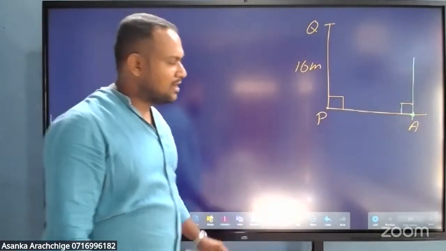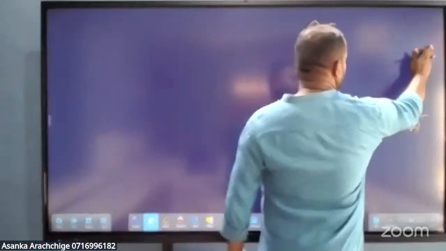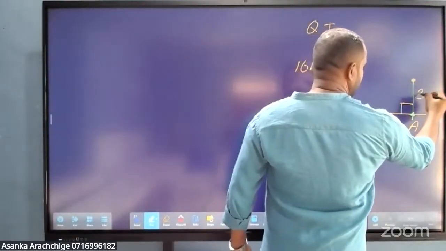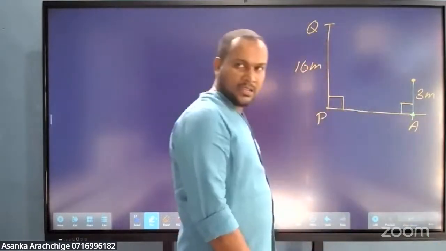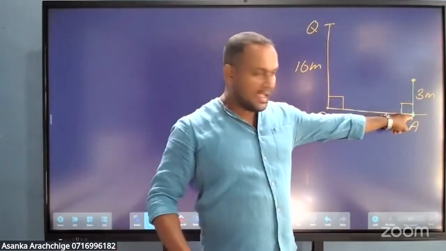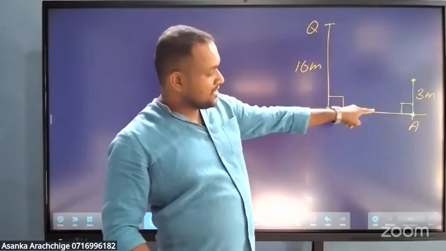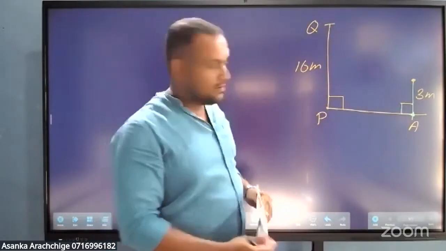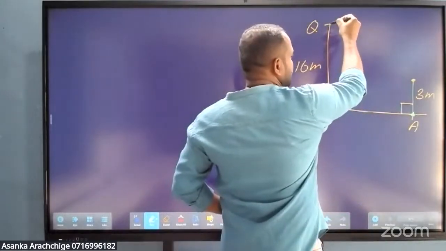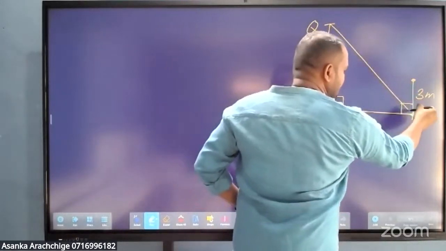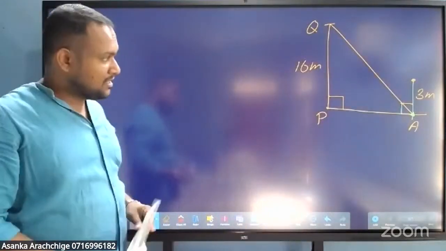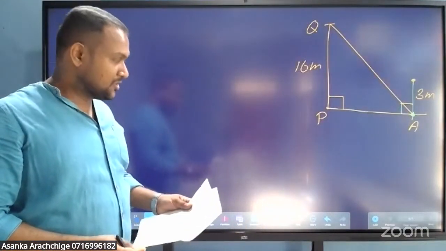Now the cat sees this vertical post, 3 meters. This is 3 meters high. This is the location of the cat. It sees a squirrel, at this Q. This is the line of vision. Line of sight. Angle of elevation.